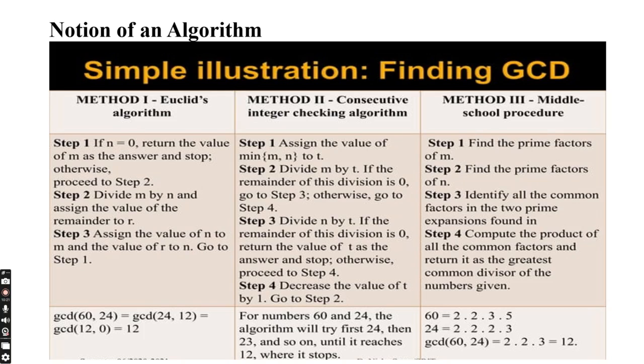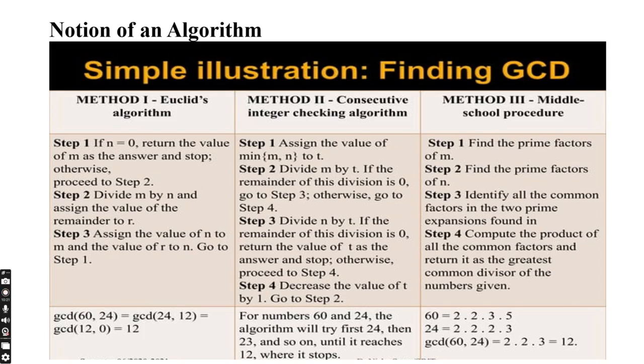Assign the value of n to m and the value of r to n. Again, go to step 1 and check if n equals 0. For example, GCD of 60, 24 gives GCD of 24, 12, then 12, 0. Finally, the GCD is 12. The greatest common divisor is 12.